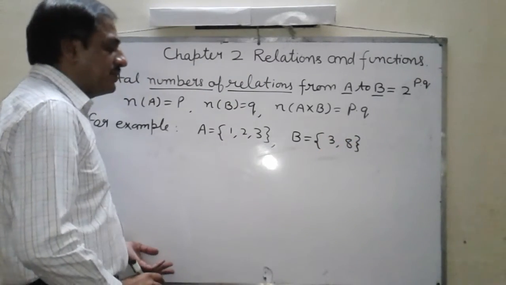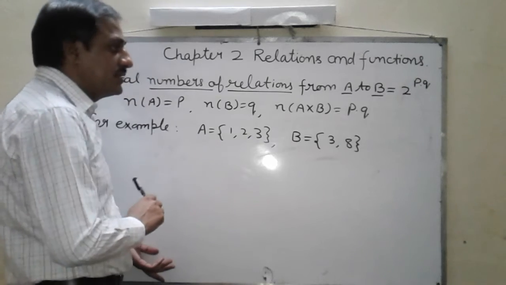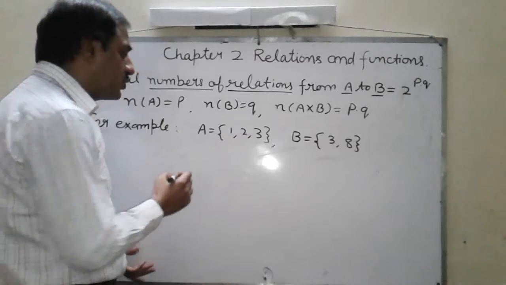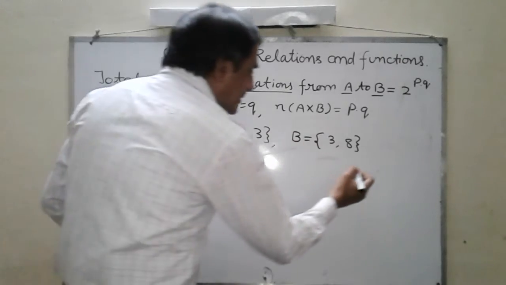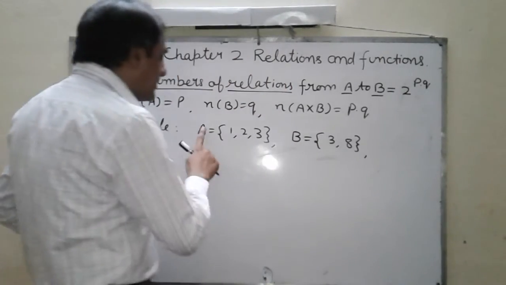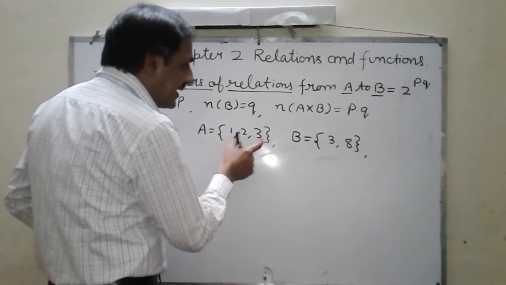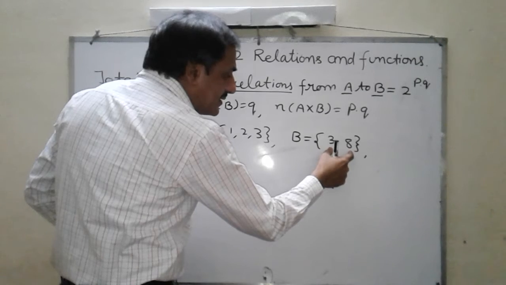The total number of ordered pairs from A to B is equal to what? The total number of ordered pairs from set A to set B is equal to 6, because it has 3 elements and it has 2 elements.